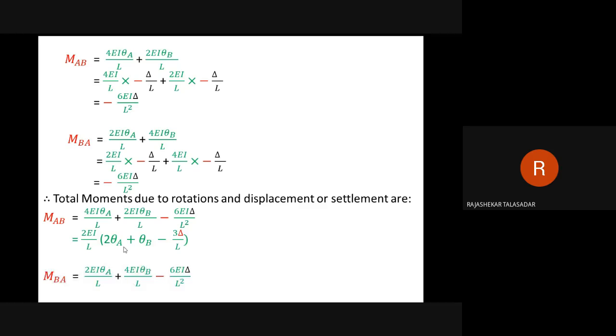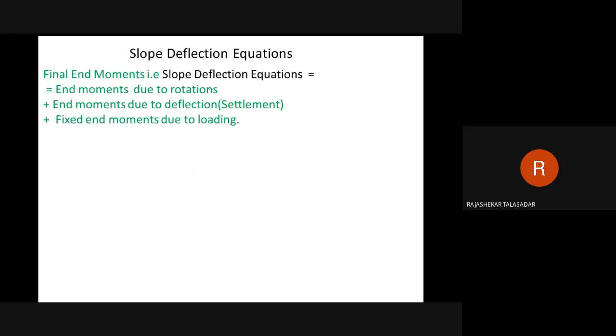Similarly, MBA will be, these are the first two terms due to rotation. Now you have to add this due to this settlement. So now these are the two expressions for the end moments at A and B due to rotations and settlements. Now actually, what you know is that the total end moments will be due to rotations, due to settlement, then due to fixed end moments.